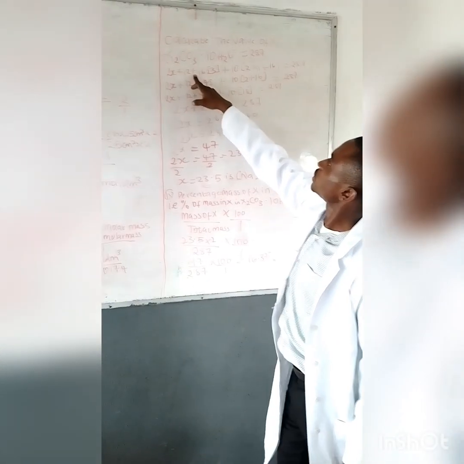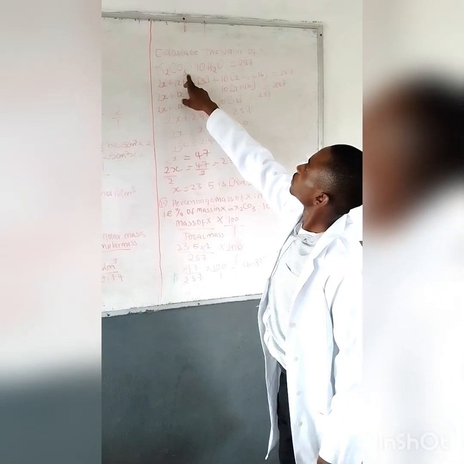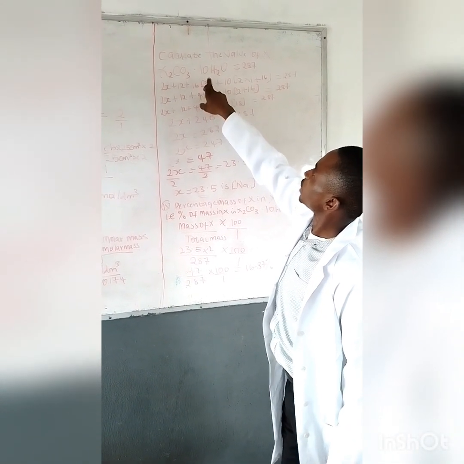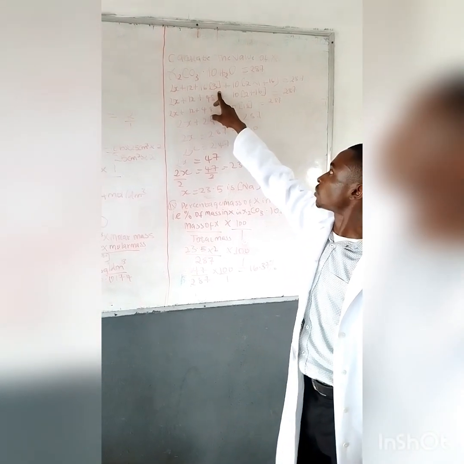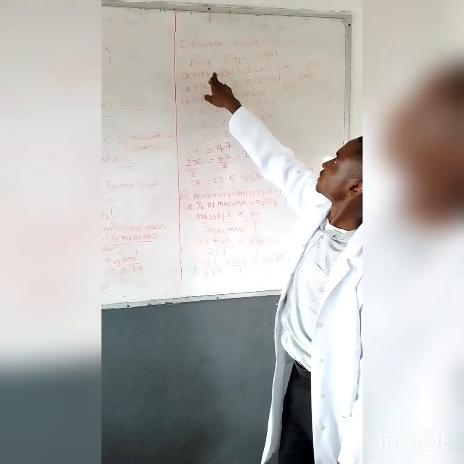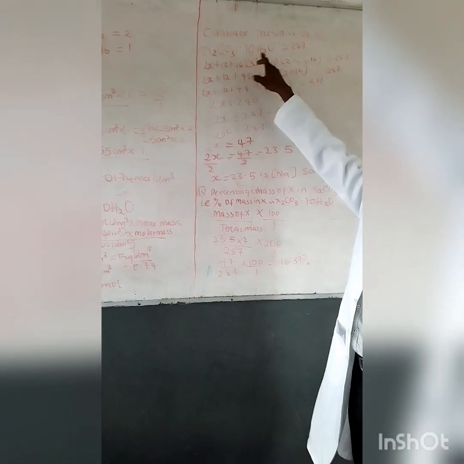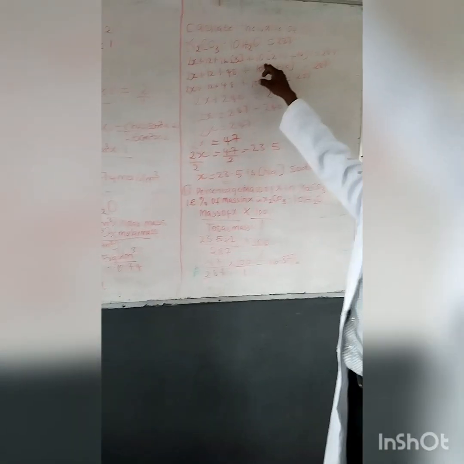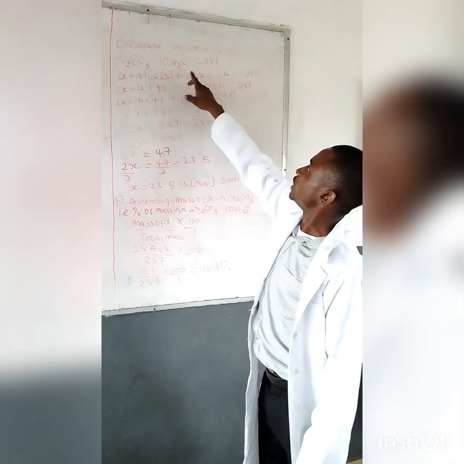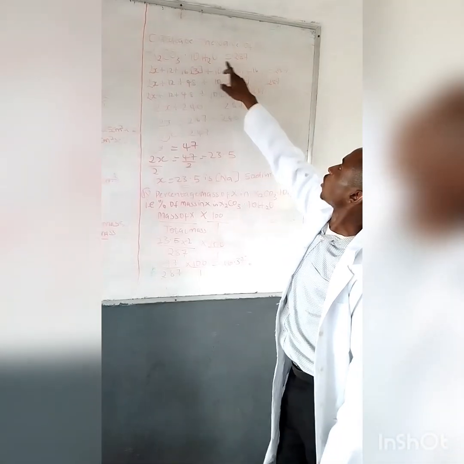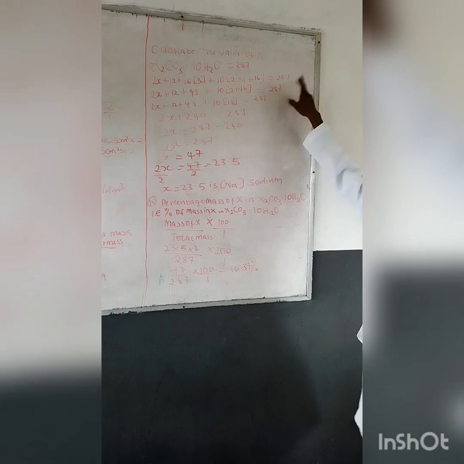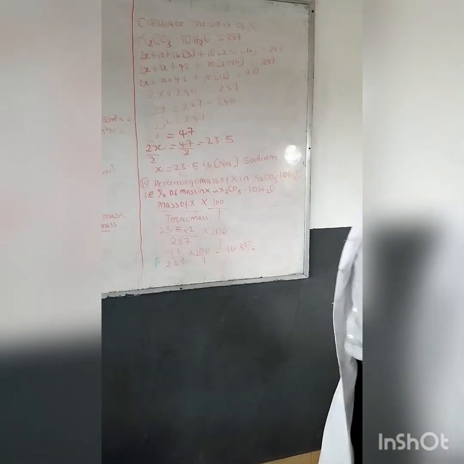Now the next one is plus 3. I choose to put this 3 in bracket because it is the number of atoms of oxygen, and this 16 is the mass of oxygen, plus 10, the number of molecules of water, into 2 times 1 plus 16, equal to 287. That is the molar mass.